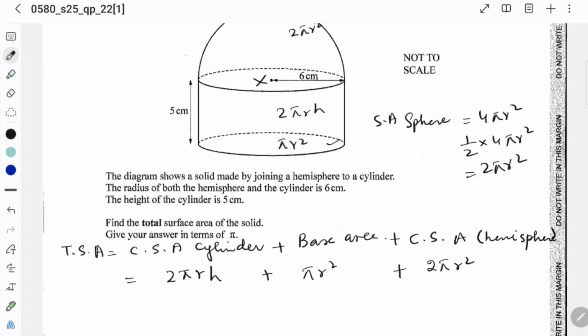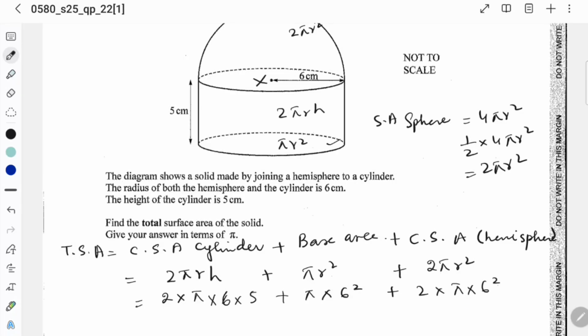So the radius is 6 in this question, and the height is 5. 2 into pi into radius 6, and the height is 5, plus pi, radius 6 square, plus 2 pi into radius 6 square. Alright, so we can write this as 3 pi r square.